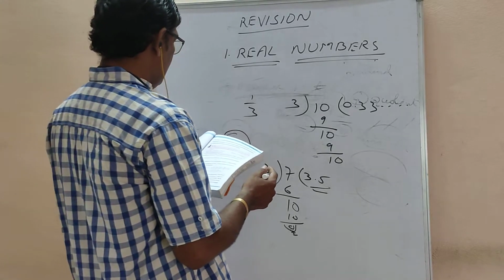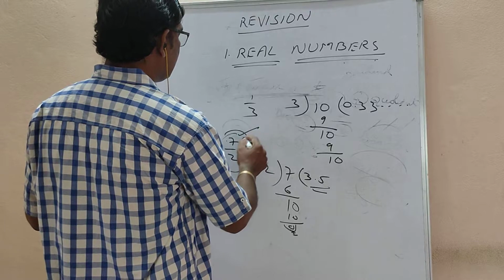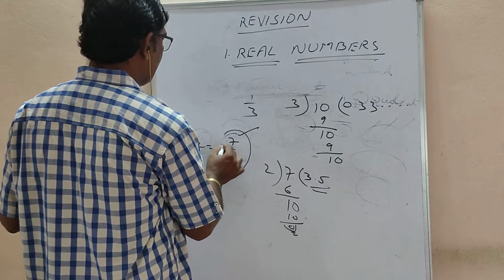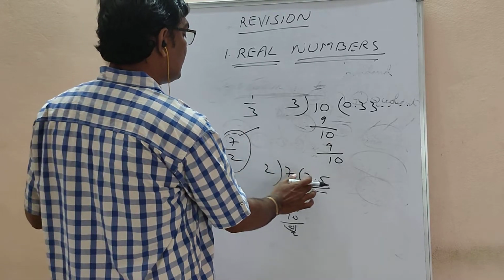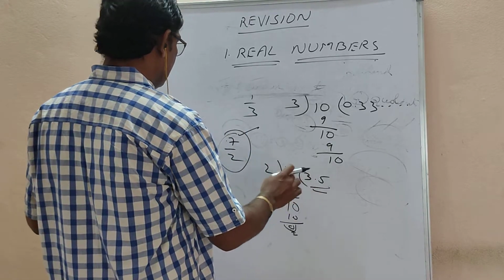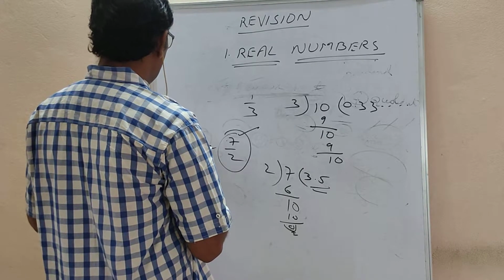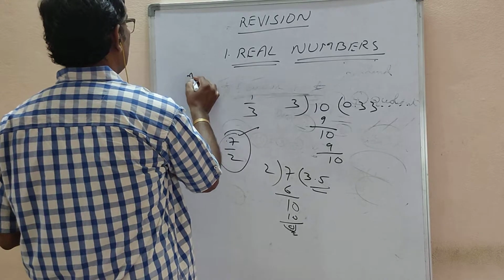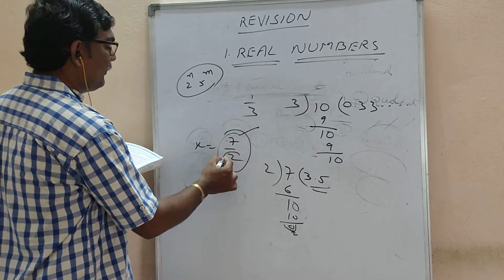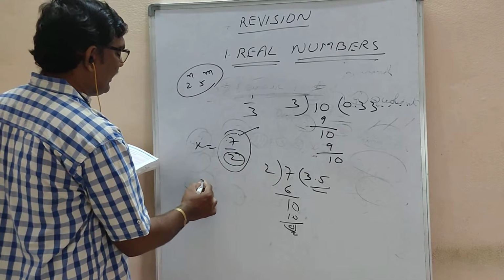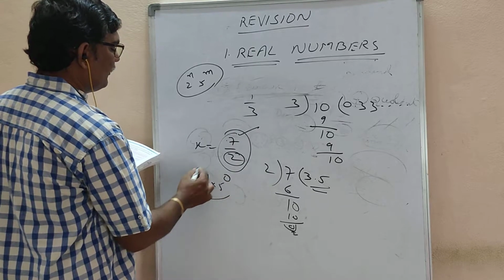So if x is a rational number, like 7 by 2, and if its decimal form terminates, then the denominator will be in the form of 2 power n and 5 power m. Here in 7 by 2, the denominator is 2 power 1 and 5 is not there, which means 5 power 0.